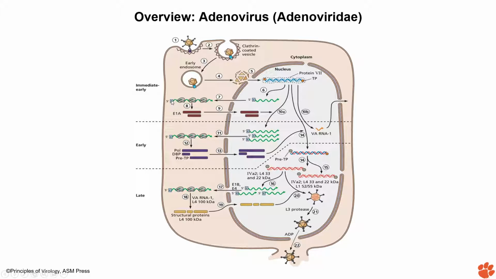So you can see that there is a temporal differentiation of immediate early, early, and the late phase. The virus does not make all the proteins and all the RNA at the same time, because that's what is called efficiency. What is needed, it just makes in a large amount. And that's how the efficiency of these transcriptional programs actually works.